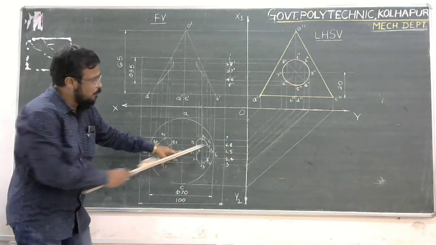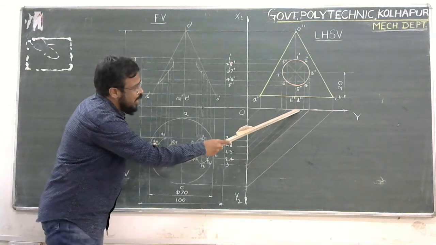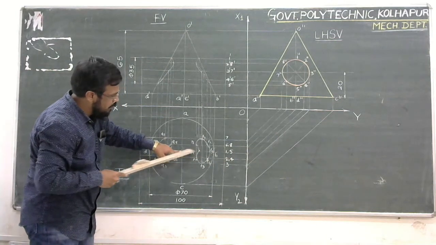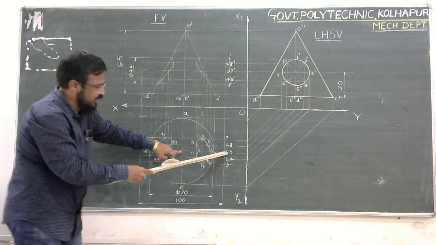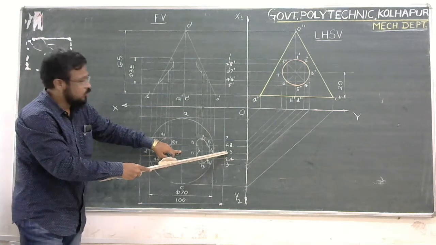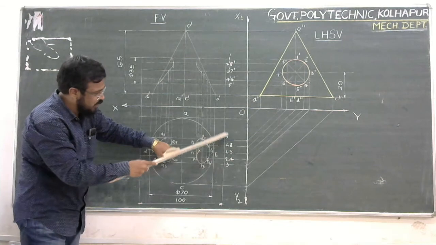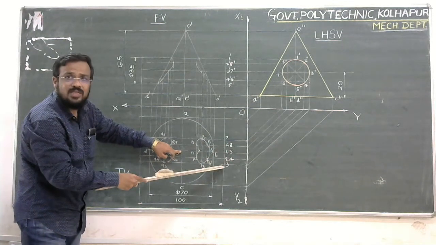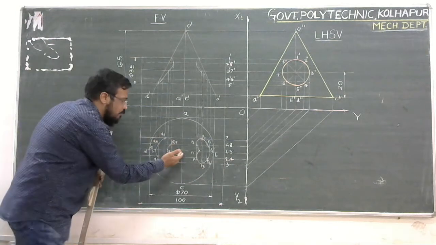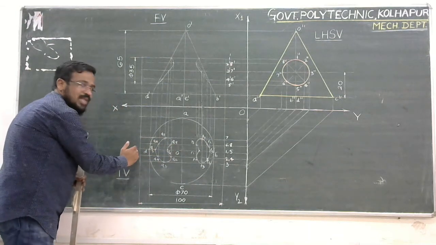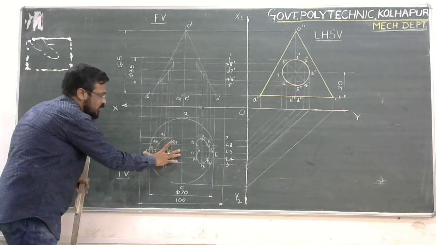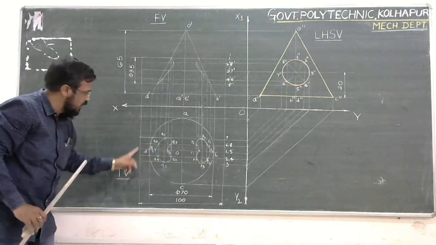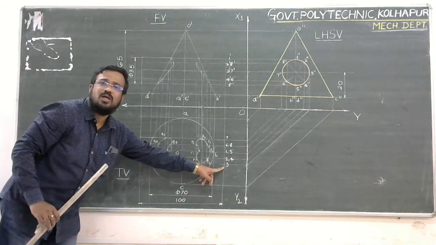So from this O point on this back projected projector from 1 double dash, 5 double dash, I will mark a distance equal to half of its length, that is 50 mm. So ultimately you are going to get this vertical line in the form of a half length of the cylinder in the top view. Similarly, from this O to this point on the left side, you can project a distance equal to 50 mm, so that this vertical line and this vertical line are both the limiting lengths of the cylinder.